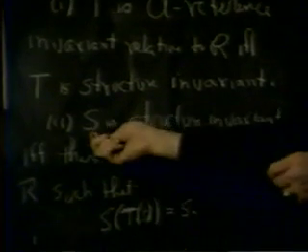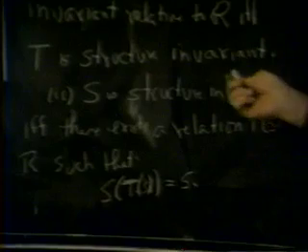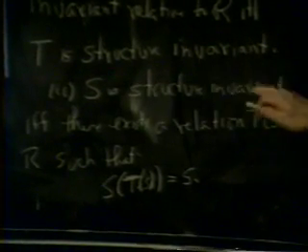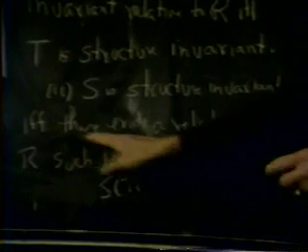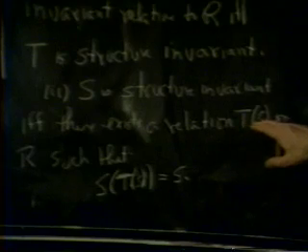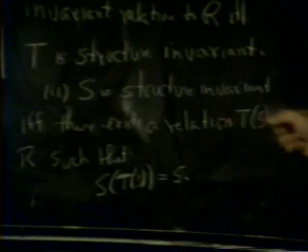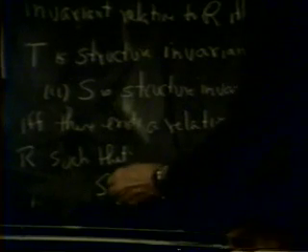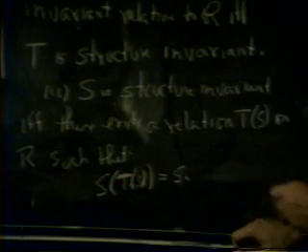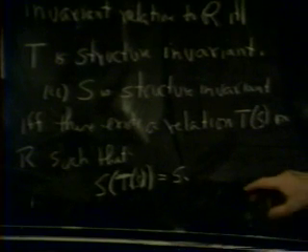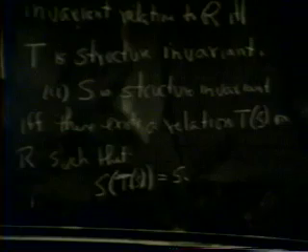The second statement is that S is a structure invariant relation in the A space if and only if I can find a relation in the R space, call it T of S, that depends on S. I'm sorry, I've not quite stated this right.